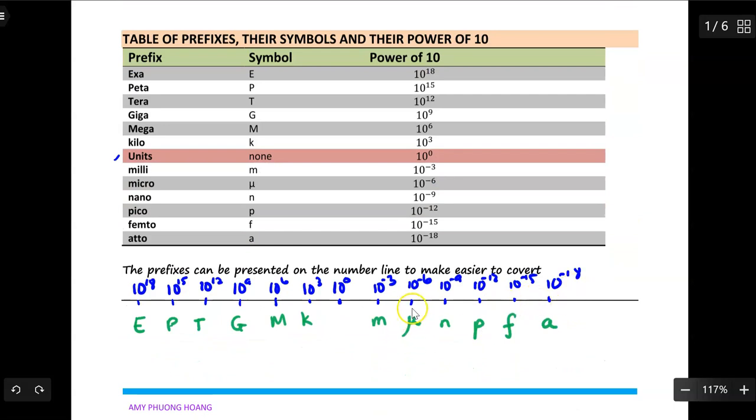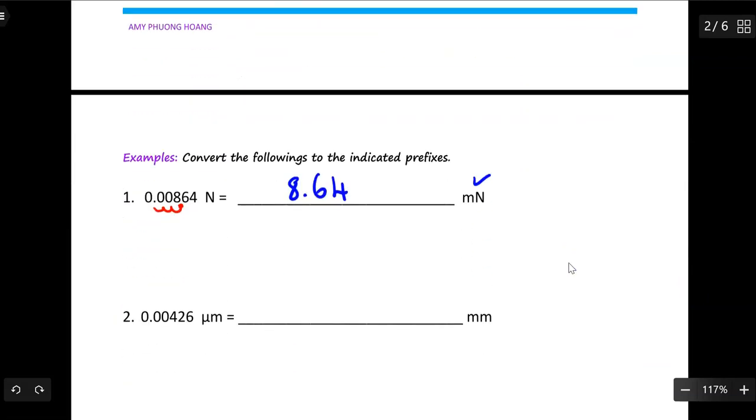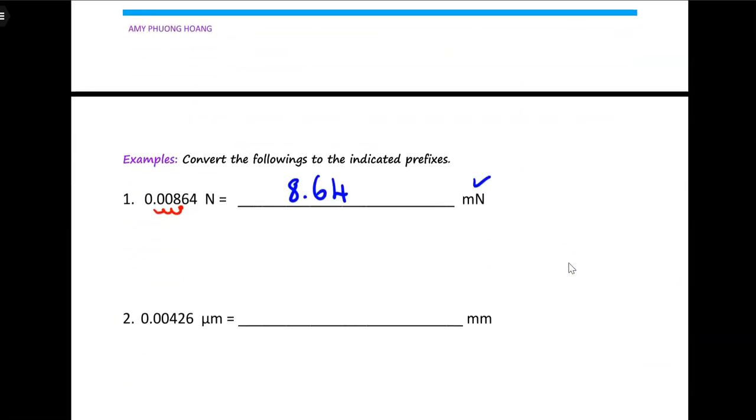You point to where the decimal will be at this position, and you are going to move 3 spaces to the left so you can meet the milli. That means you do the same thing with your number. You are going to move it to the left.